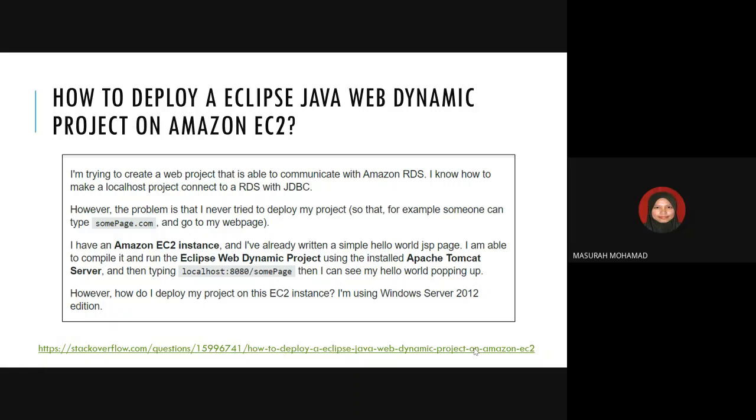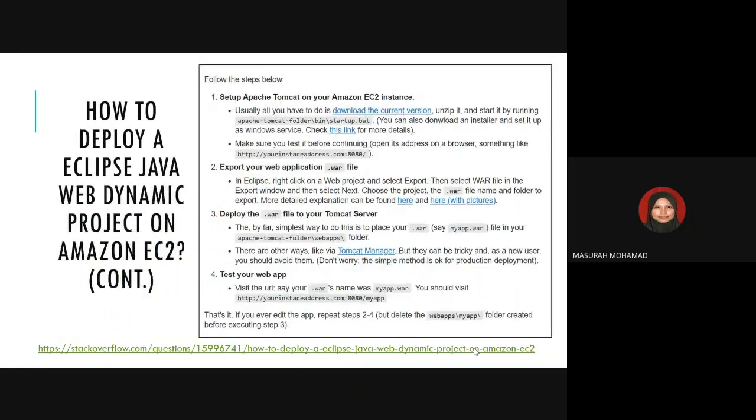I found this case study on the internet, so you can Google this case study by using the given link. This link gives you the options, the process or steps on how to make the deployment.